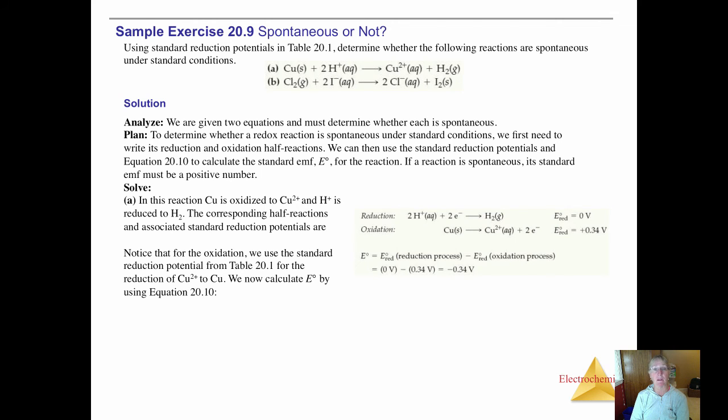Now, before I leave this slide, let's just take a quick look at the second question because they don't show it on the next page. If chlorine, the element, is turning into chloride, the ions, they must be gaining electrons. So chlorine turning into chloride is the reduction, and iodide turning into iodine is the oxidation half reaction.